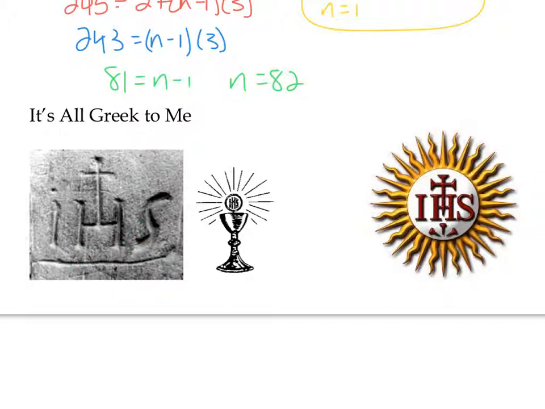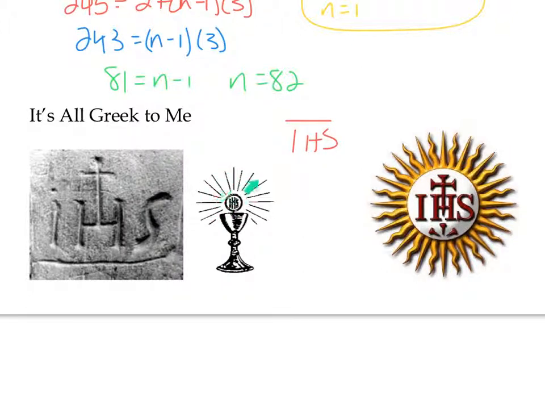It used to be written as the IHS with a line over it like this, indicating it was an abbreviation. Over time, that line over the IHS turned into a cross, a little more religious looking. It was then used a lot to indicate a host, Jesus himself.